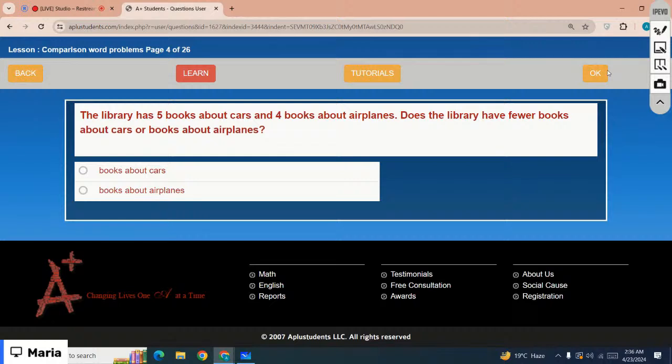The library has five books about cars and four books about airplanes. Does the library have fewer books about cars or books about airplanes?